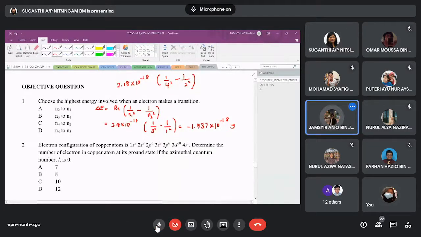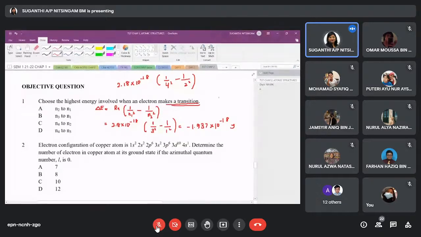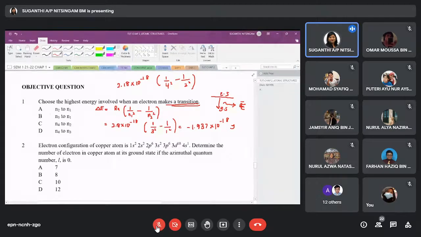Madam, why 3 squared first? Not 1 squared first? Energy when an electron makes a transition means when it falls from the excited state to the ground state, only then it releases energy, in the form of a photon. He said N2 to N1, N3 to N1, so it falls from the excited state to the ground state.